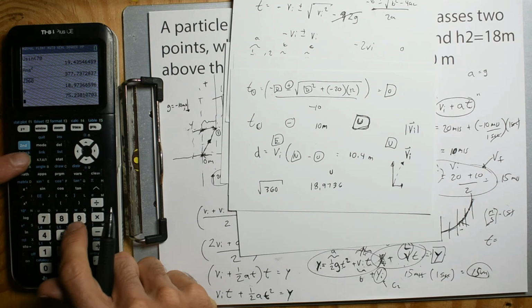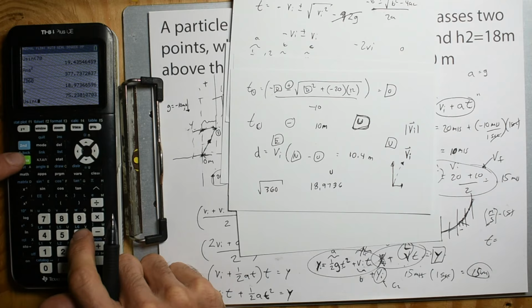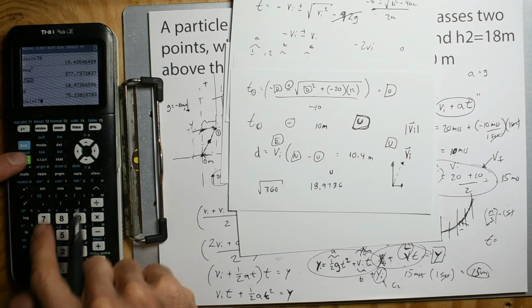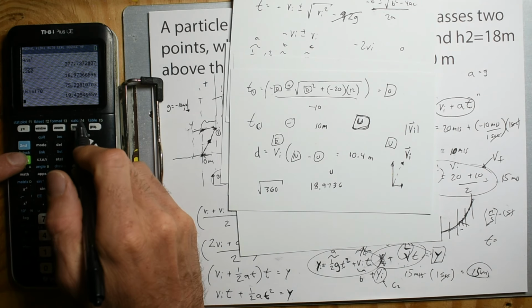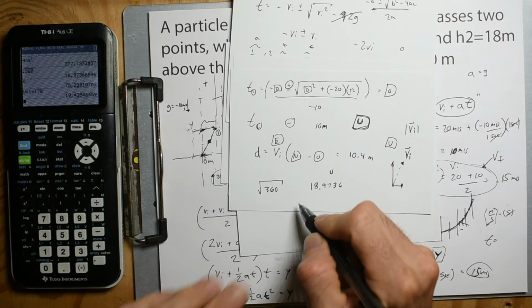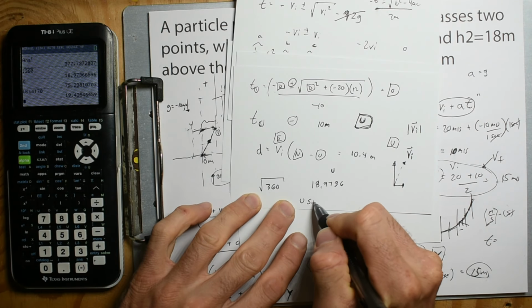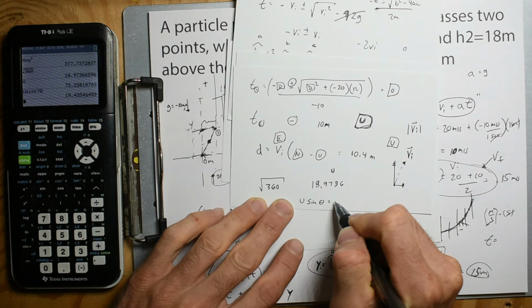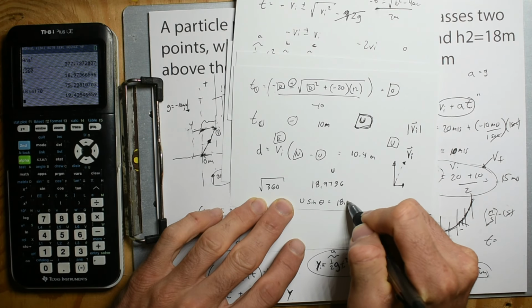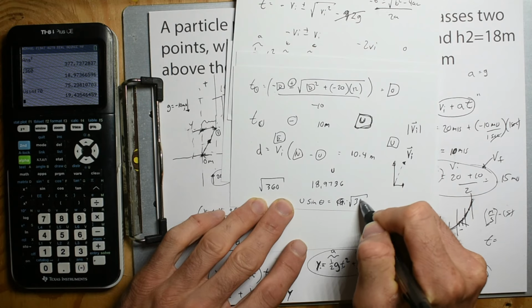Cool. So alpha u sine of the angle, let's say it's 70, okay? And if I take u sine of the angle, I'm going to get this, 18 point, well, it's the square root of 360.